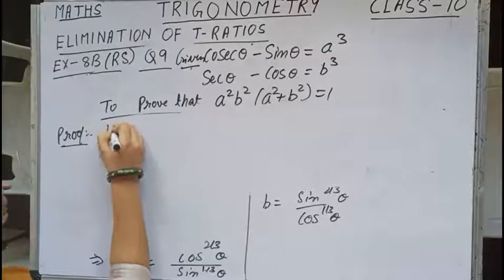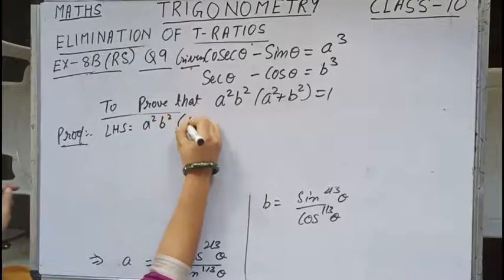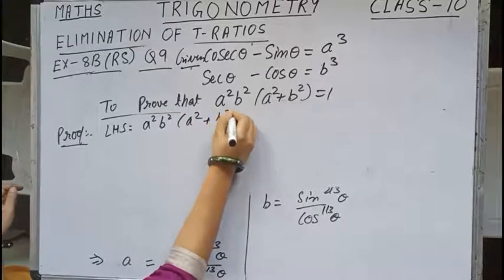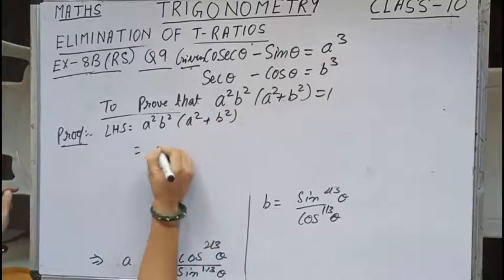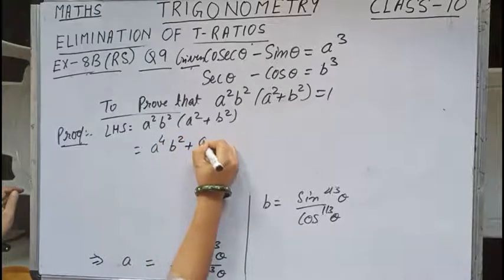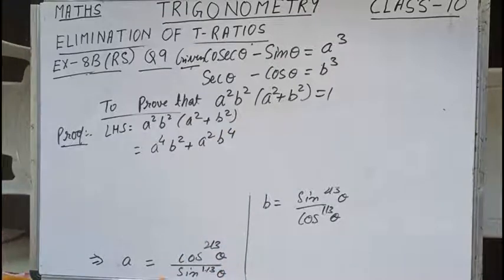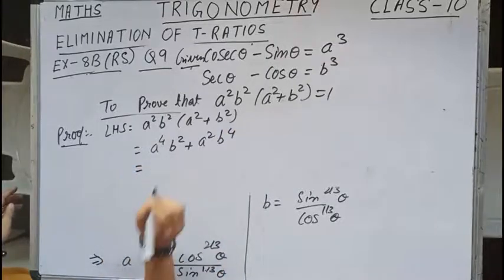Now LHS equals a square b square (a square plus b square). Let us expand it. If we expand, a power 4 b square plus a square b power 4. Now we have the value of a cube, b cube and a and b. So let us write in that form only.